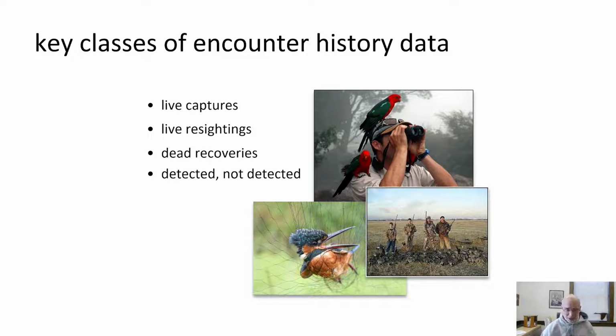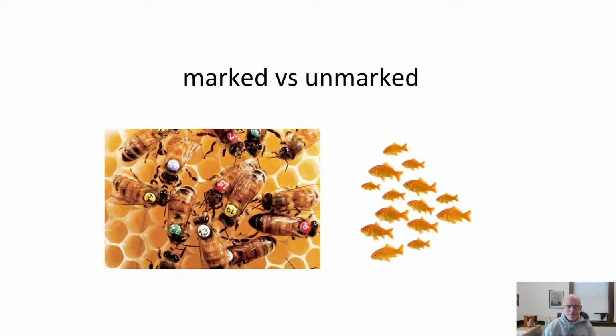And increasingly, we can also do things related to the general question, at a species level, of whether species are simply detected or not. We're going to talk a lot about all of these different classes of encounter history data and how you use them over the course of the semester.